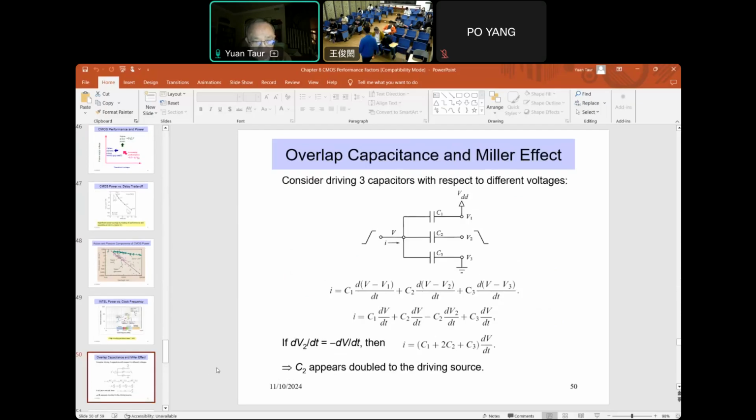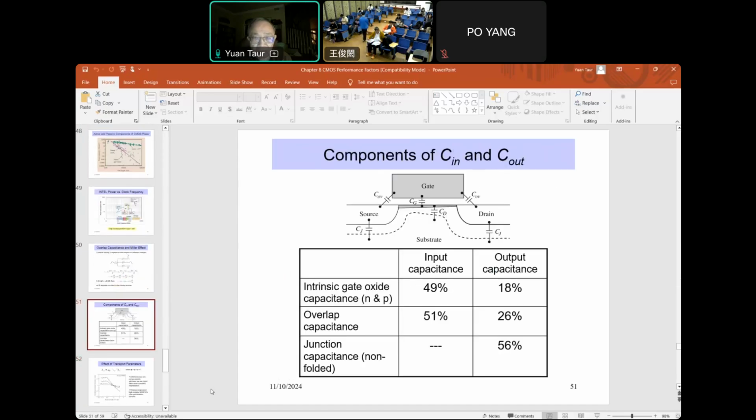Okay, so to summarize the capacitive load, C in and C out in this particular example.